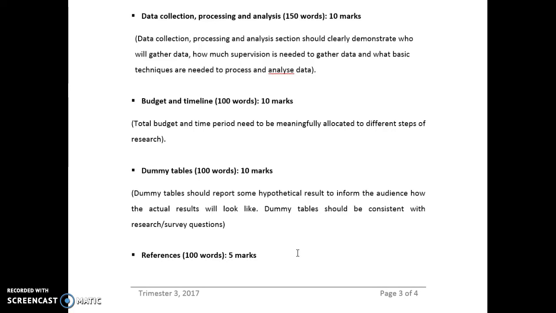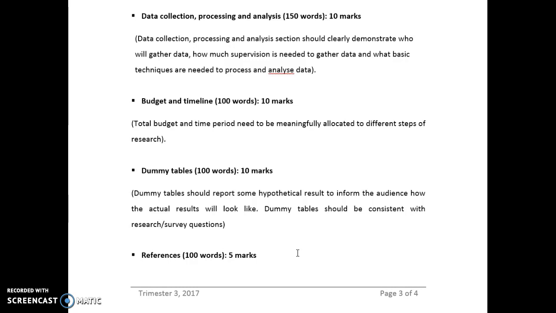Okay. But one thing you should remember: when you present some hypothetical results in your dummy table, these results should be consistent with the statistical technique or the research approach that you have previously mentioned in previous sections.